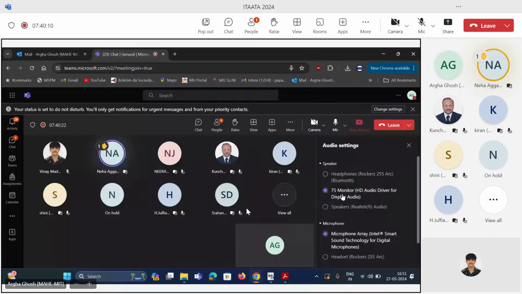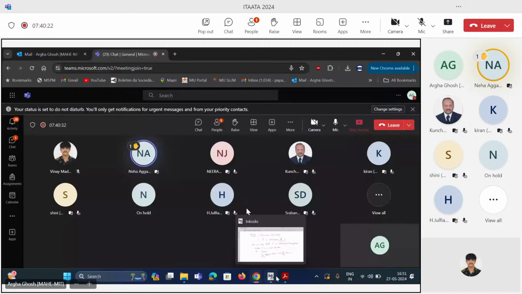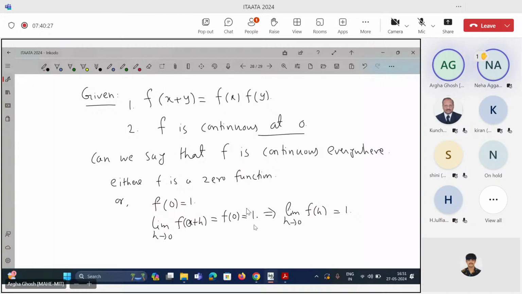Since the function is continuous, the sequence f of xn should converge to f of alpha. Since we have assumed that f of x is 0 for all rational numbers x, f of xn is nothing but a null sequence, whereas f of alpha is a non-zero number. This gives us a contradiction.